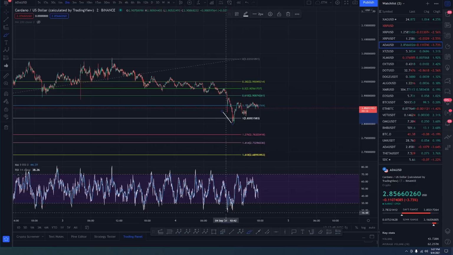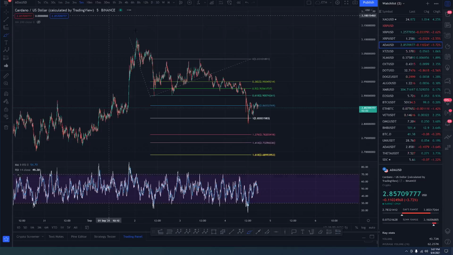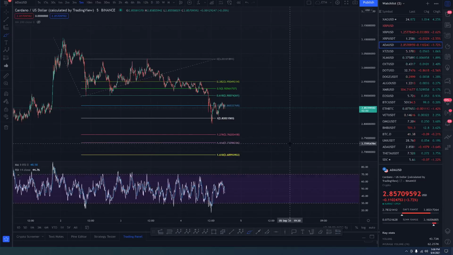Small time frame. We do have divergence there, so we know that's a fourth, that's a third, and this is a fifth. So as long as this breaks to the upside impulsively, we're good to go.